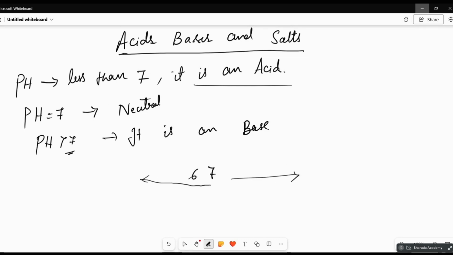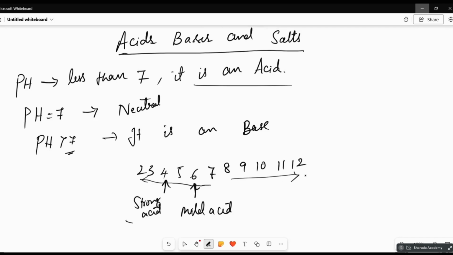For example, 6, 5, 4, 3, 2: 6 is a mild acid, whereas 4 is a strong acid. That means as the pH decreases, its acidic value increases. And as the pH increases, the base strength increases: 10 is a mild base, and 12 is a strong base.